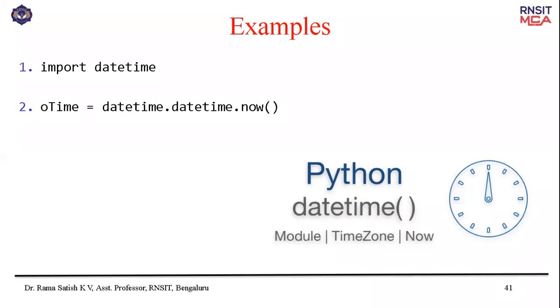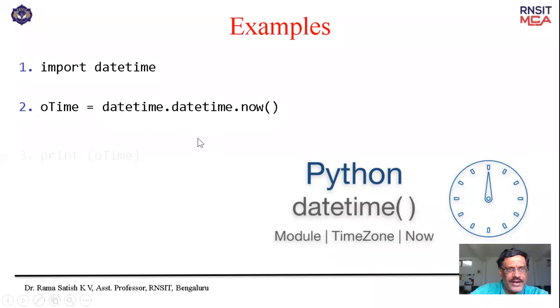What this now will do is give the present time and date. I'm storing this in a time object, where o indicates it's an object, and we are just printing it.